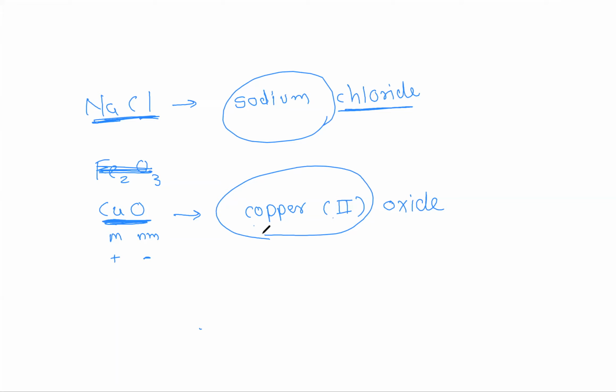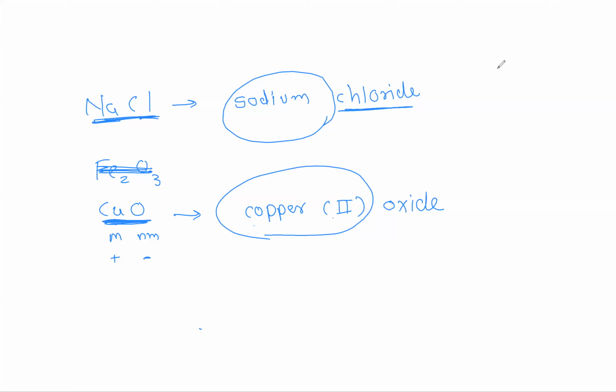Is there a reason why the first one doesn't have any Roman numerals? Yeah, I told you, right? Sodium does not carry more than one charge. It is always, always, always +1. So you don't have to write a Roman numeral. Copper can have either +1 charge or +2 charge. Because it's carrying two different charges, you have to specify what charge copper is carrying in this chemical formula. Make sense? Yes. Right?